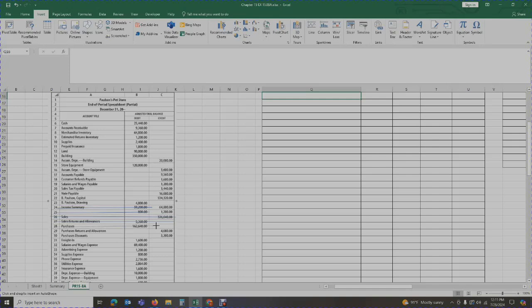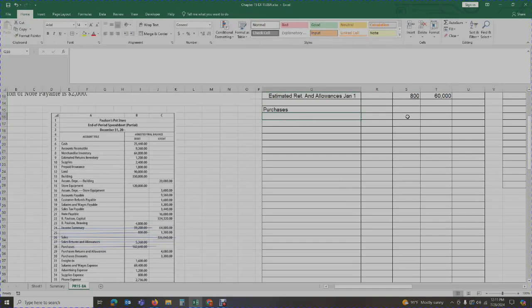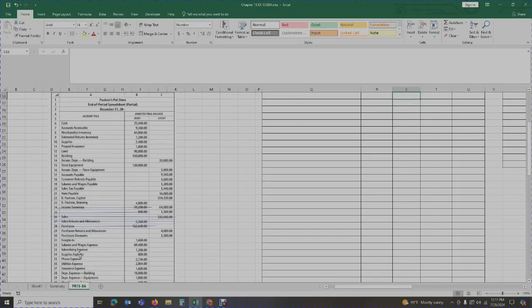We're going to take that over, 162,640. I put it in the wrong cell, so let me see over here, 162,640. So we've purchased $162,640 of merchandise, and then we have some purchases, returns, and allowances in line number 29.